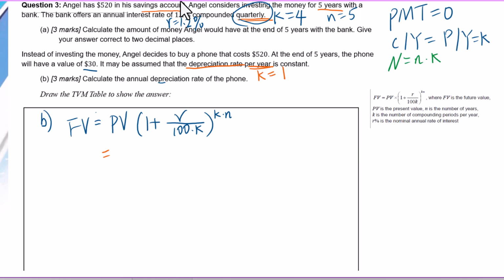So we do the substitution. $30 for future value. Present value is $520. 1 plus, we are looking for this rate over 100 times 1, to the power of 1 times 5.